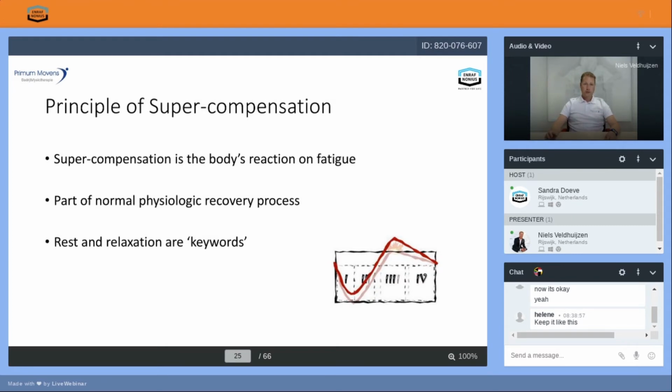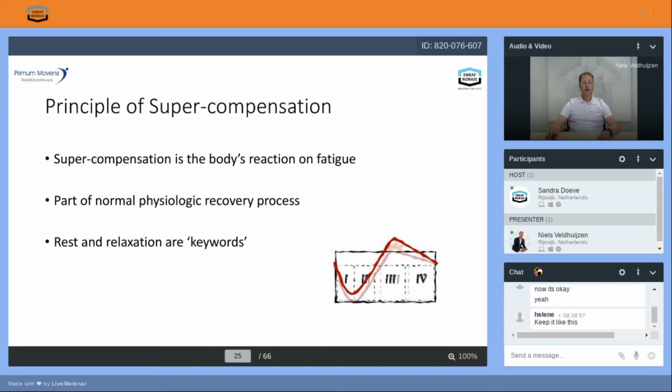Therefore, you have the principle of supercompensation. And the supercompensation is the body's reaction on fatigue. It's part of the normal physiological recovery process. And relaxation and rest are keywords here. We often have a tendency to stimulate our patients to put a hard effort in it, but you should also inform them that they should take pauses or should take rests so that the body can recover from your training.